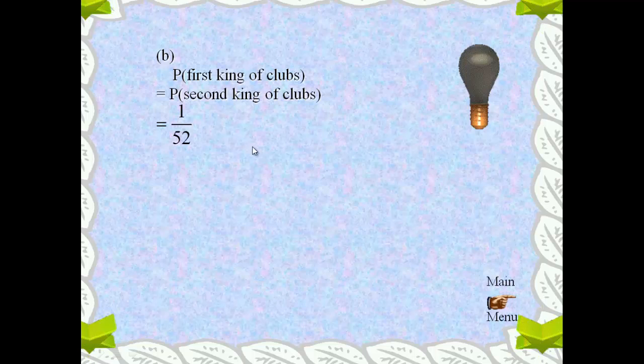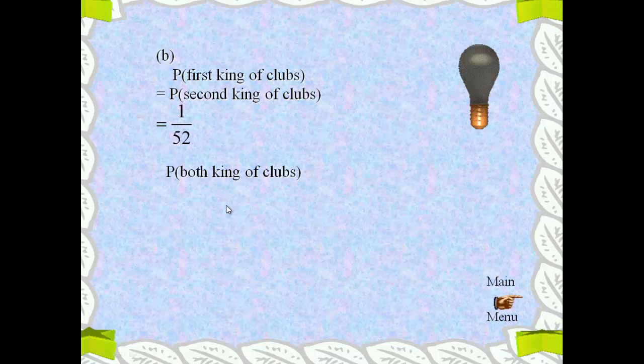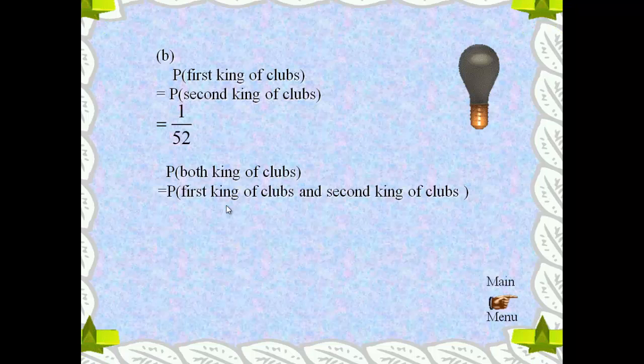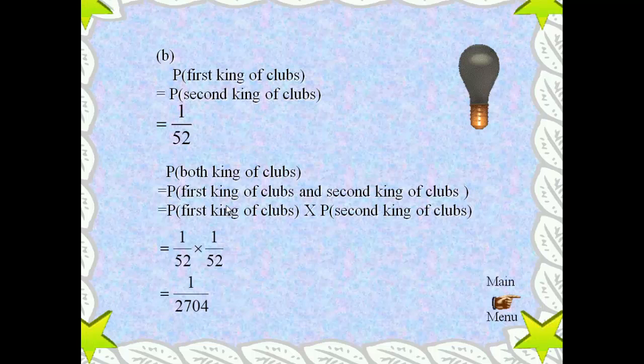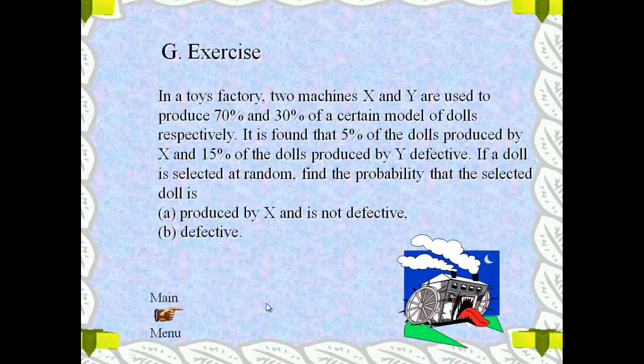Probability of first the king of clubs is 1 out of 52, and then second the king of clubs is also 1 out of 52. So we multiply those together and we get 1 out of 2,704.